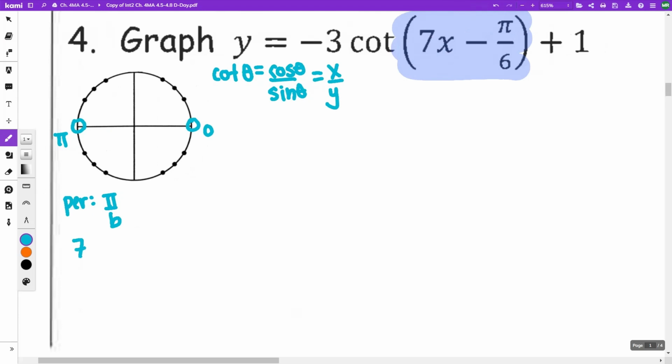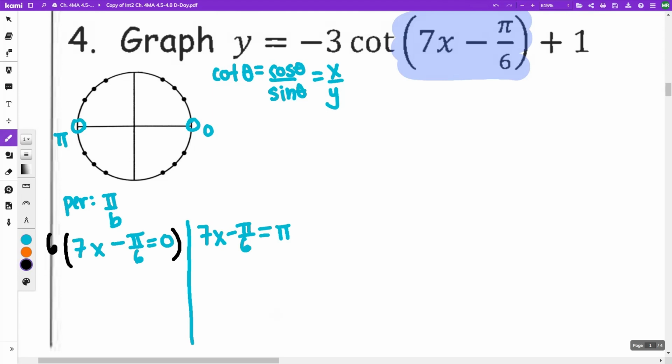So I know that 7x minus pi over 6 should have been an asymptote at 0. And 7x minus pi over 6 should have been at pi. And then I'm going to see where my 2 new asymptotes are going to be at. So when I'm doing this, I can multiply everything by 6 if I want a fraction bust. Okay, so that's an option we can do.